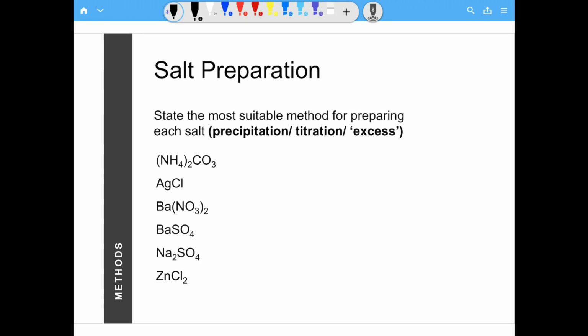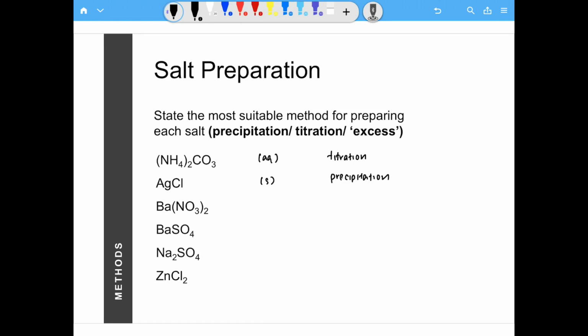For the first salt, ammonium carbonate, we have already established that it's a soluble salt. So it's a soluble spar salt, therefore we need to use the titration method. For silver chloride, it is insoluble, so we can use the precipitation method.